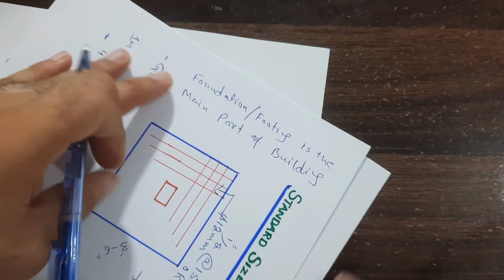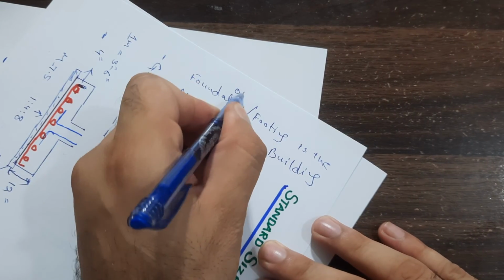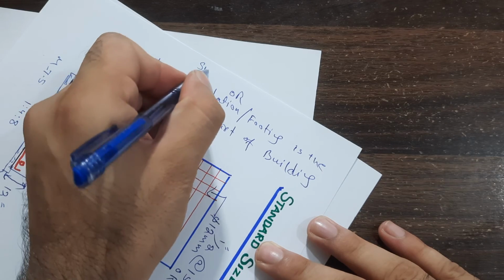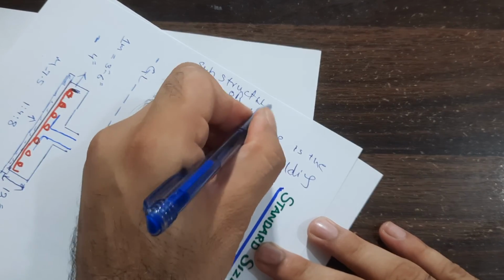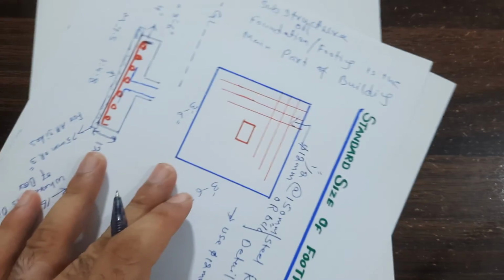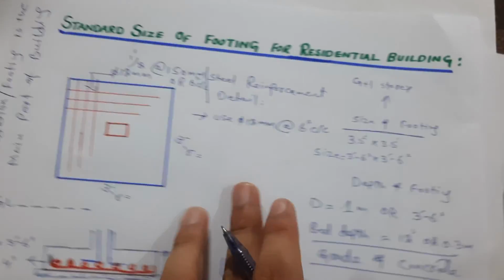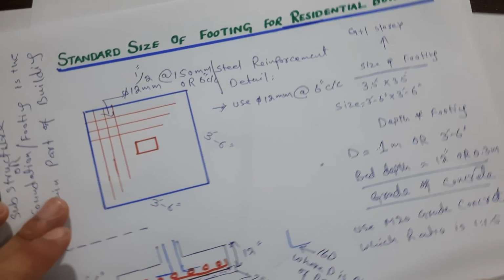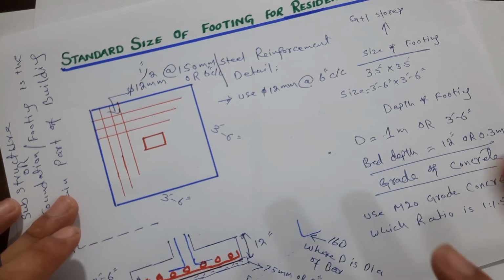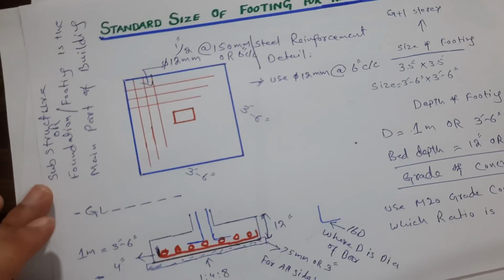Because the foundation or footing is also called the substructure. If the substructure or foundation is weak, even if you are providing high quality material, or if everything is very good or expensive, why not?